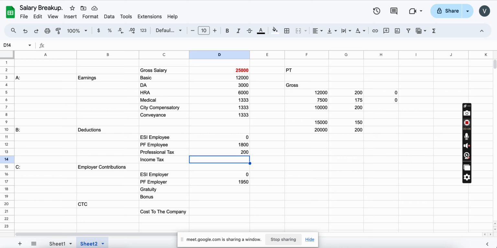Okay, so income tax you can show in the pay slip, but not in the offer letter and revision letter, because income tax depends upon the employee's investment also. And what income tax will be deducted, the employer has to do nothing. It is all based on what the employee is earning, what kind of investment they have done, and what income tax he is liable to be deducted. So it has nothing to do with the salary breakup.